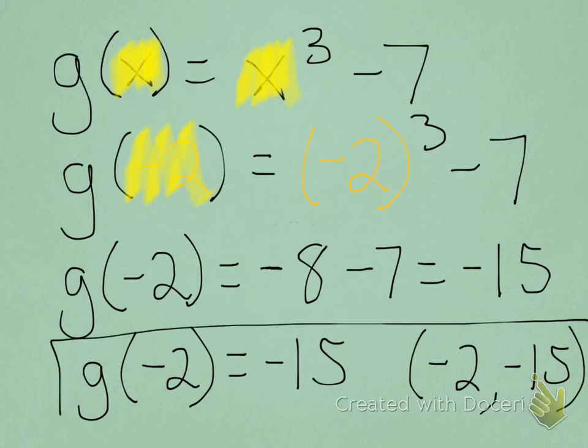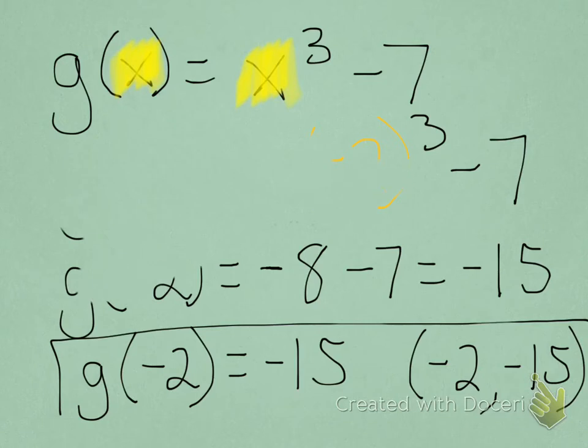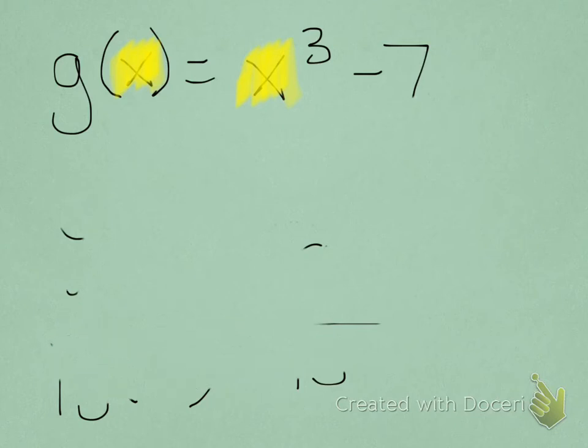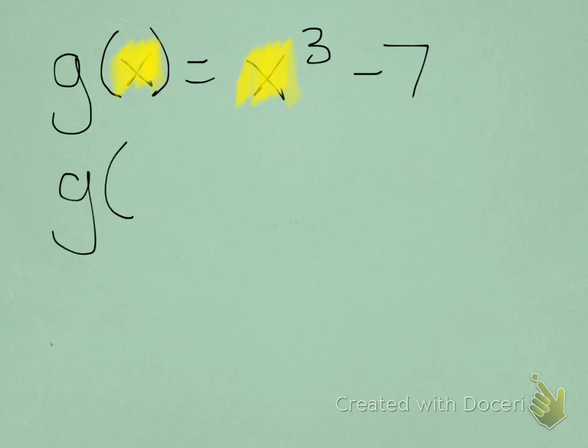Okay? One more example with this. Again, following the same process, same procedure, only now we're evaluating at a different value for x using the same function. Now let's evaluate when the value of x is 2. So everywhere we see an x, we are now going to replace that with 2.